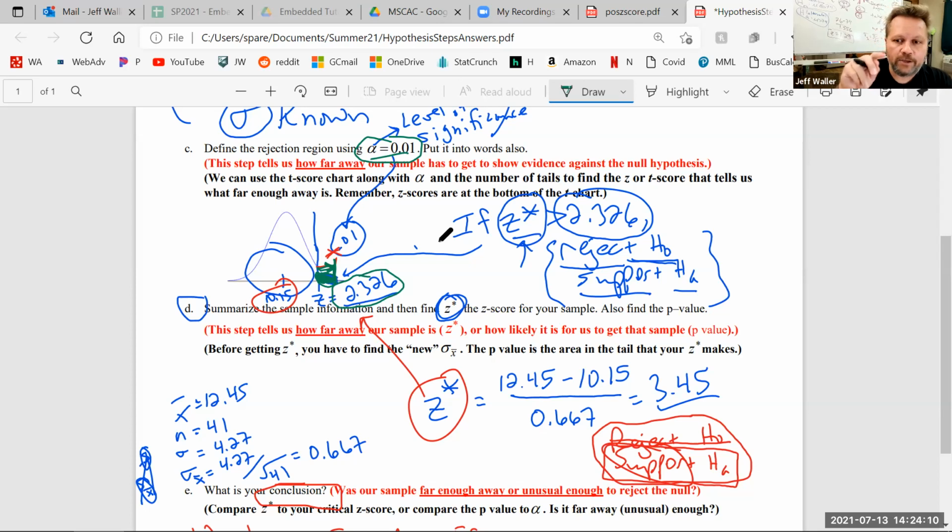The p-value is the area in the tail of our z-score. What was our z-score? 3.45, right? Can somebody look that up and figure out? So what I really want, let me draw this better over here. What I really want you to do is to find the area in the tail of our z-score, 3.45.